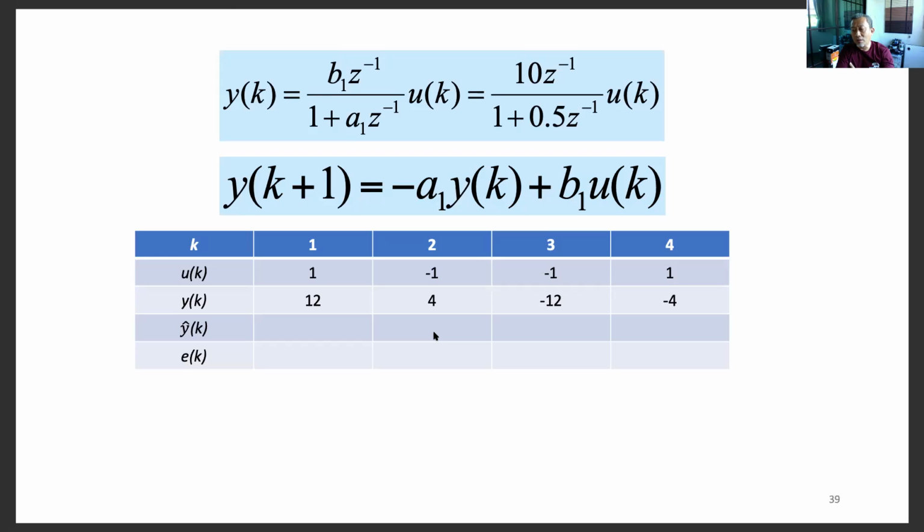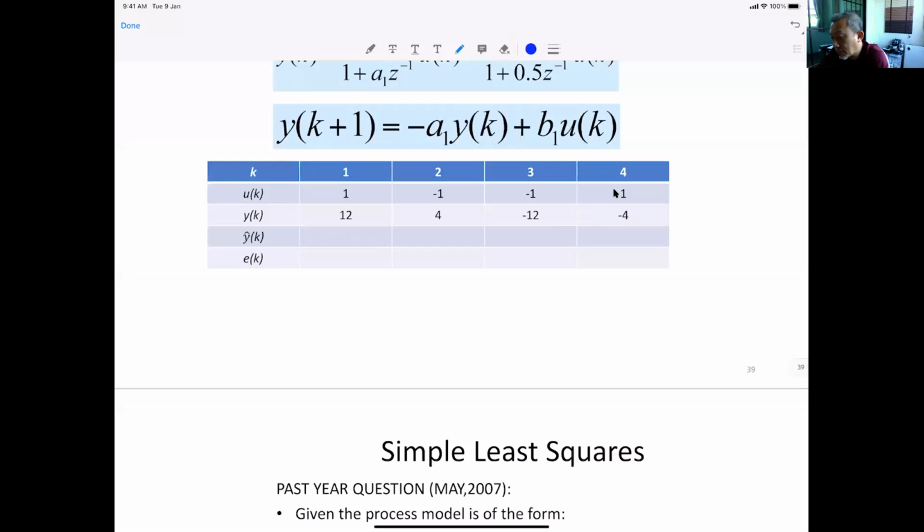If you want to calculate the value of YK and find the error, you have to calculate manually using the formula here.